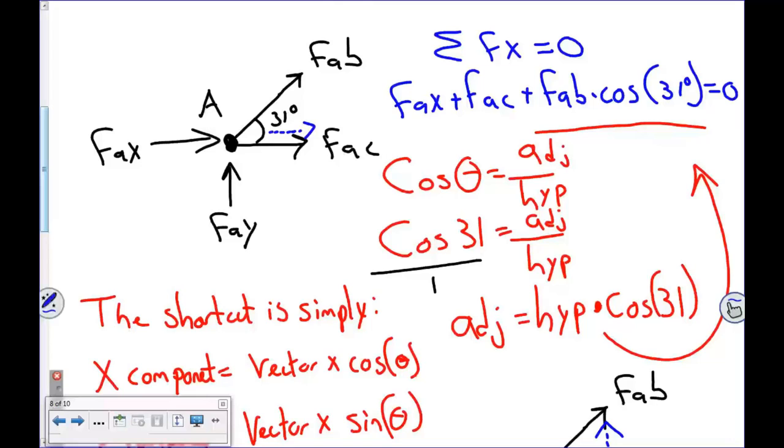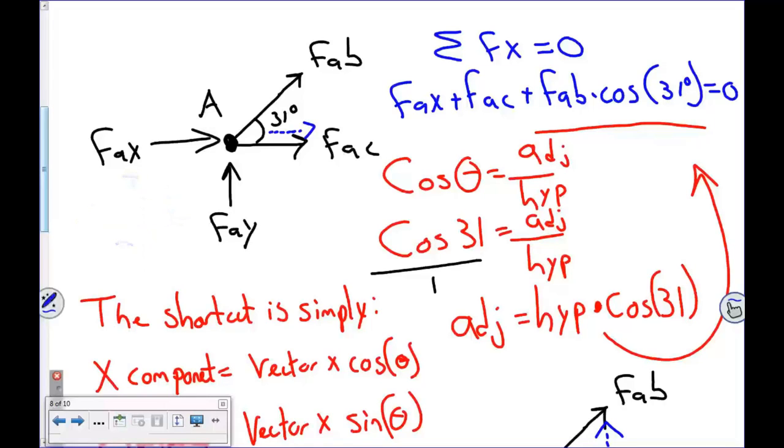What X forces do you see? Just X forces, that's all you care about. So start off easy. FAX, positive or negative? Positive. Just a reminder: positive X, negative X, positive Y, negative Y. Positive FAX, that's what I wrote. Positive FAC, that's what I wrote.